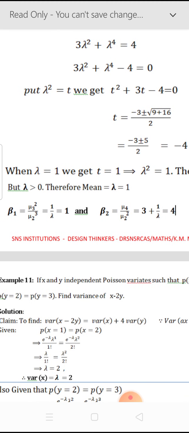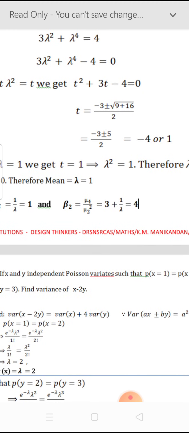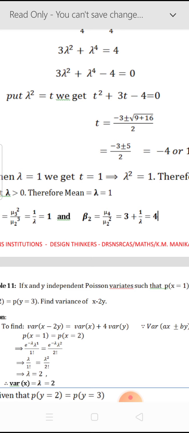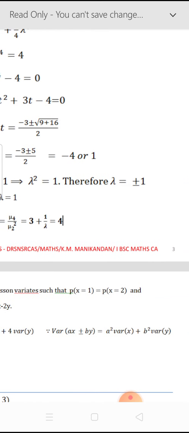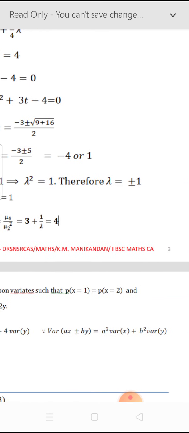So t equal to 1 implies lambda square equal to 1, therefore lambda will be equal to plus or minus 1.